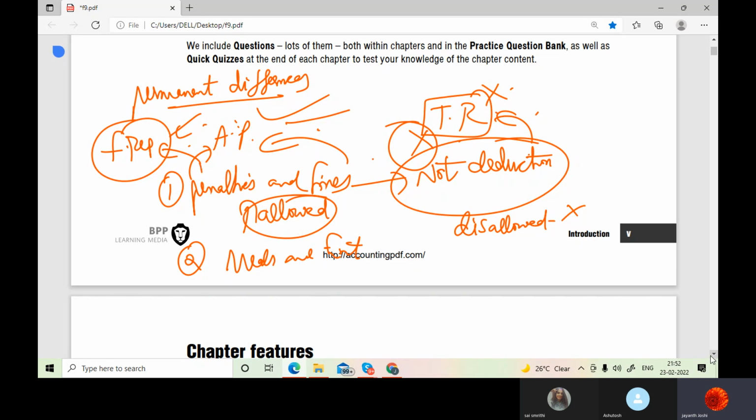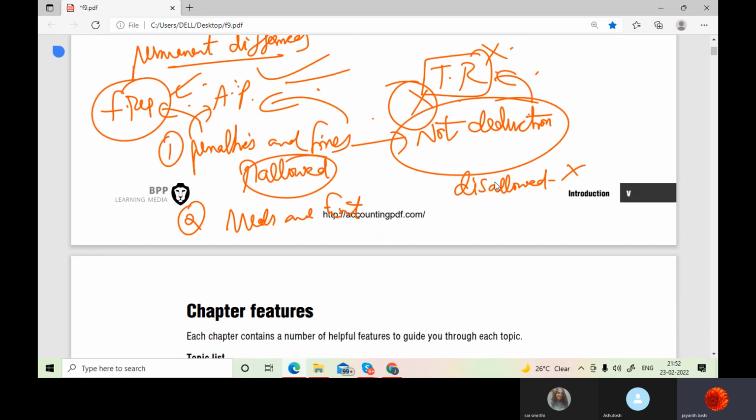Many of the companies have meetings and then they provide meals to their employees. However, for tax purposes, the business can expense only 50% of that same cost unless certain exceptions apply. That means in tax also there is a 50% deduction and 50% would be a difference. Again, this difference would be created.